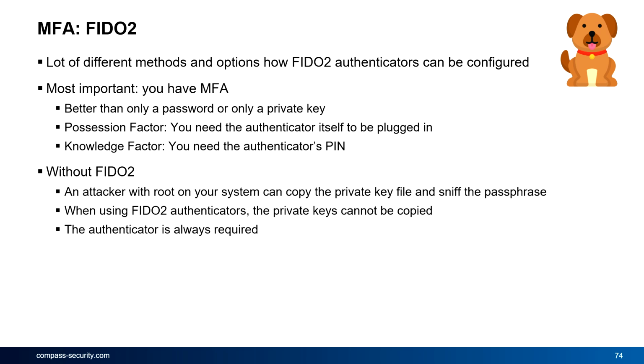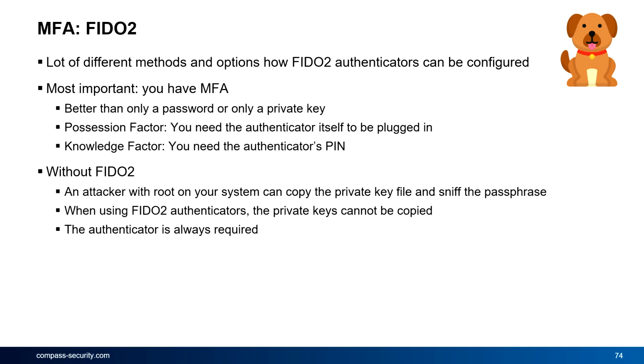If you don't have FIDO2, the authentication material can be stolen somehow. So for example, if an attacker is root on your system, they can copy the private key file and also sniff the passphrase by installing a keylogger, and then wait until you use the private key and type in the passphrase. Then they can copy away the private key and use the passphrase to log into your systems.